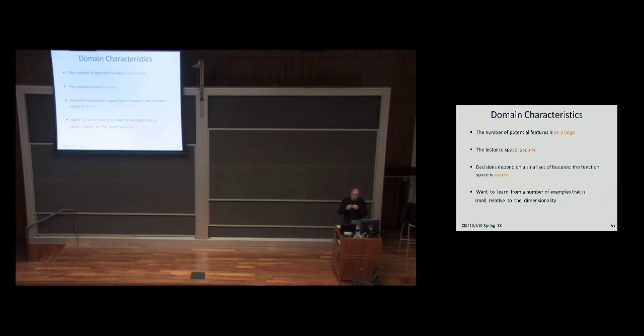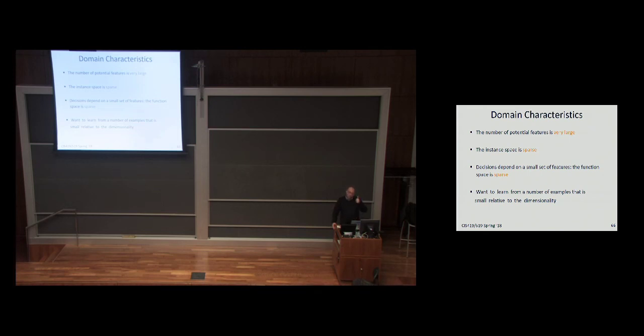So if you look at your W, the weights that you assign to each of these 100,000 features, most of them are going to be 0 or close to 0, which means they do not affect the decision. When you compute the dot product, they contribute nothing, and some of them are going to be relatively large. That's what I mean when I said the function space is sparse.